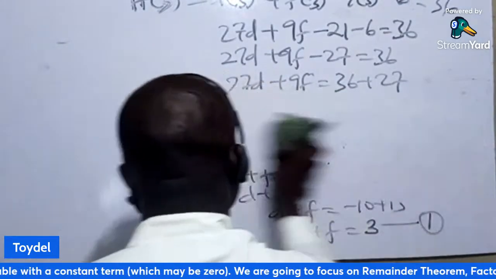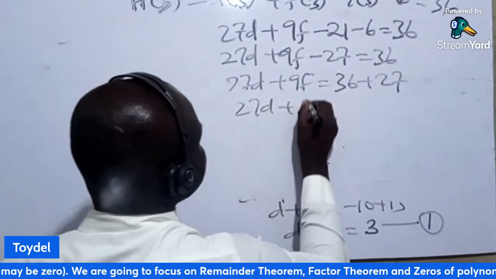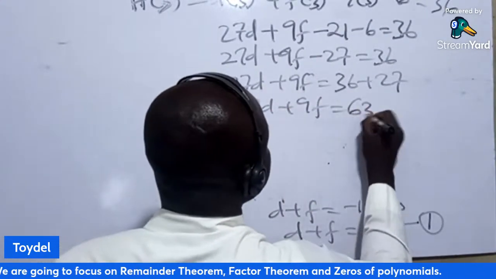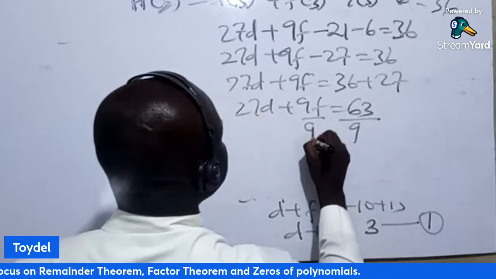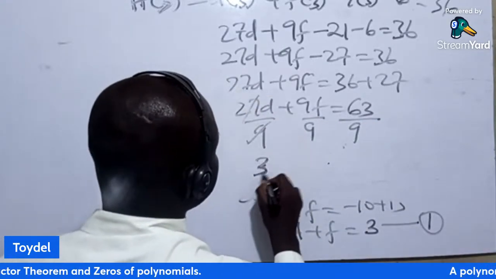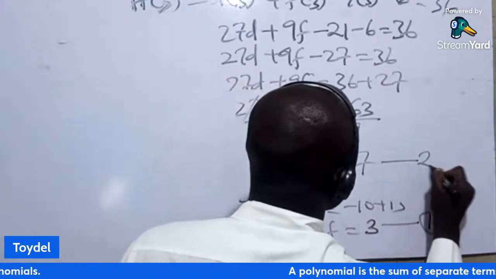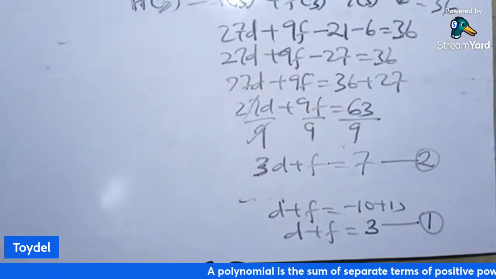Then from there, we have 27d plus 9f equal to 63. So divide through by 9. And if you do that, we are going to have 3d plus f is equal to 7, equation 2.